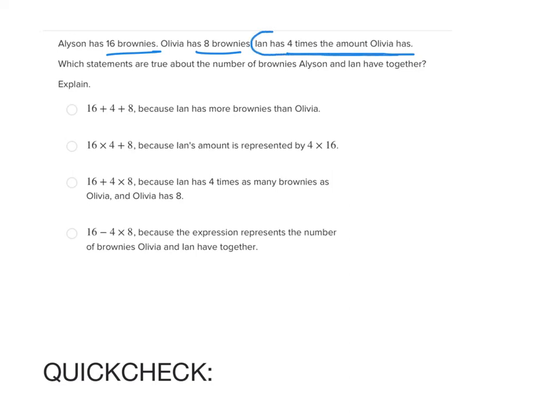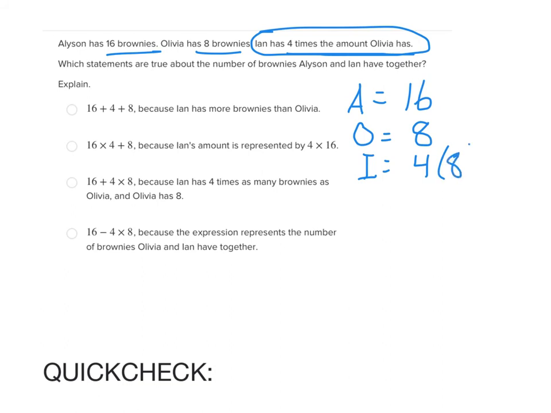Ian has 4 times the amount Olivia has. All right. So I'm going to start by writing down what each person has. Allison has 16 brownies. Olivia has 8 brownies. Ian has 4 times the amount that Olivia has. So he has 4 times 8.